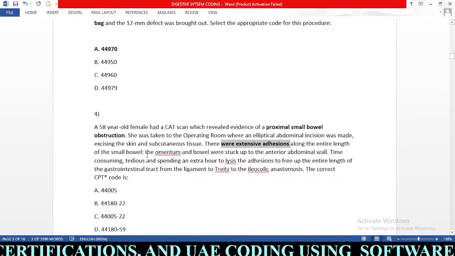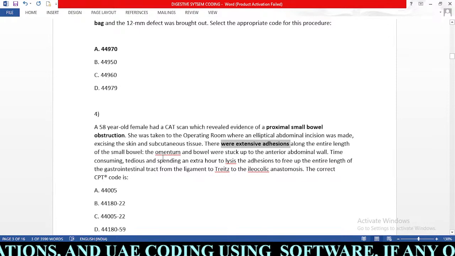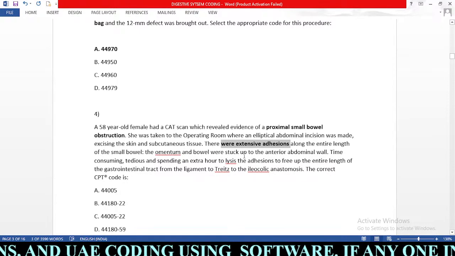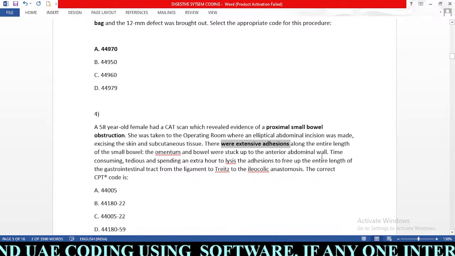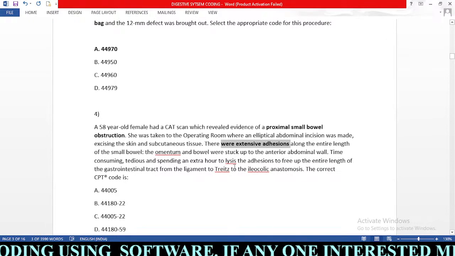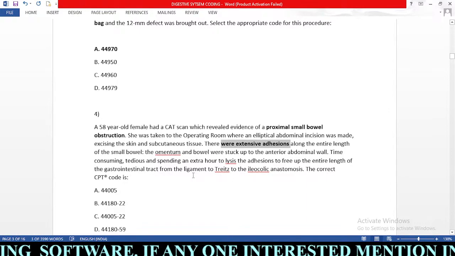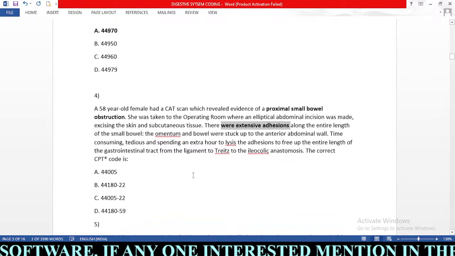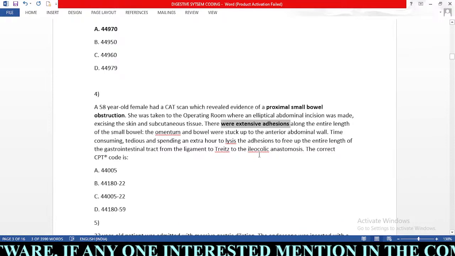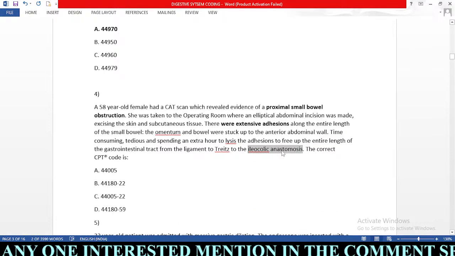Small bowel or small intestine, both are same. No need to confuse. The omentum and bowel were stuck up to the anterior abdominal wall. Time consuming, tedious, and spending an extra hour to lyse the adhesions to free up the entire length of the gastrointestinal tract from the ligament of Treitz to the ileocolonic anastomosis.